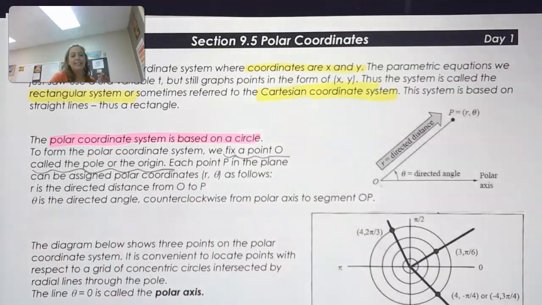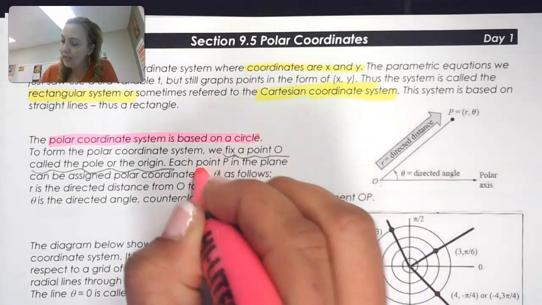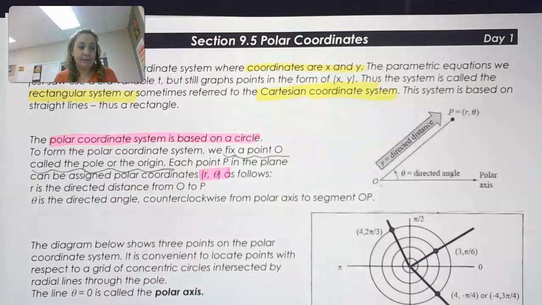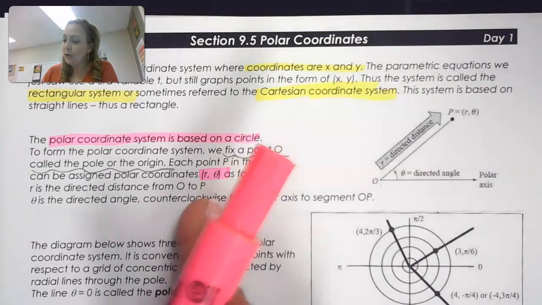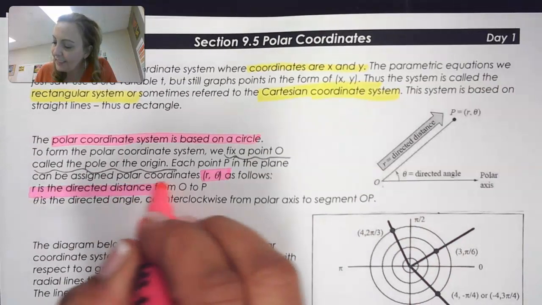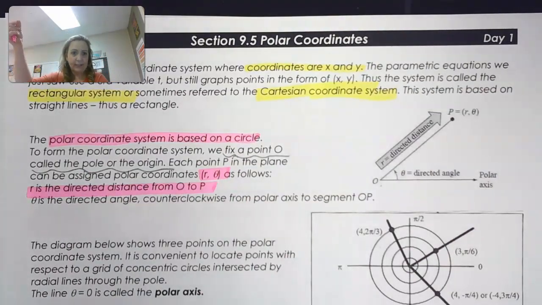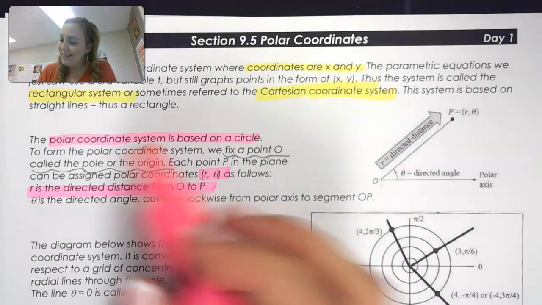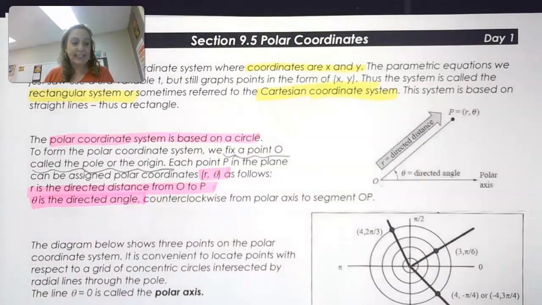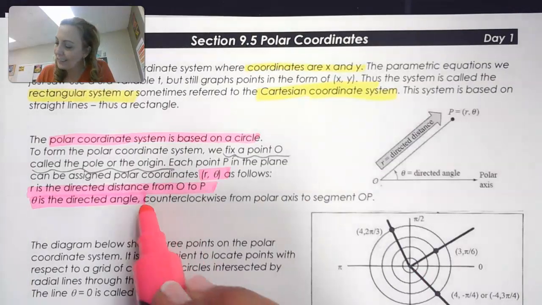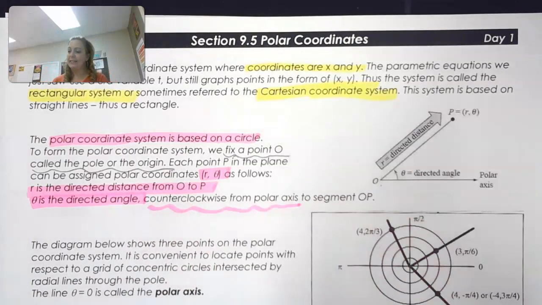And then each point P in the plane can be assigned polar coordinates r, comma, theta, okay? R represents the directed distance from that fixed point O to the point that we're dealing with. And then theta is the directed angle, and again, always counterclockwise from that polar axis to the segment in question.